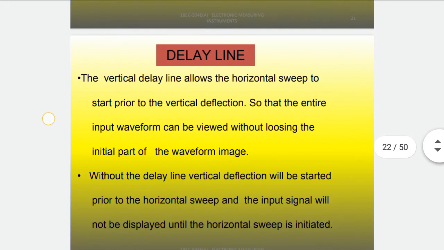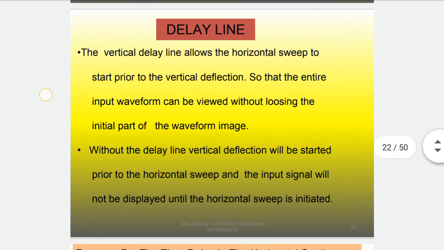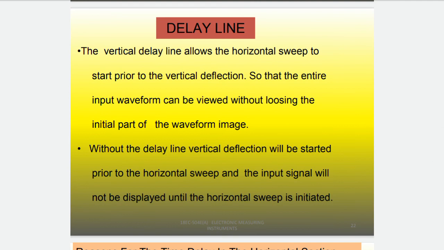Delay line. The purpose of the delay line, as the name indicates, is to produce a time delay. The vertical delay line allows the horizontal sweep to start prior to the vertical deflection, so that the entire input waveform can be viewed without losing the initial part of the waveform image.